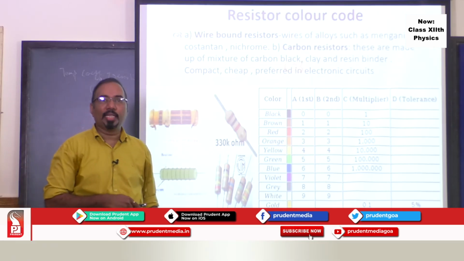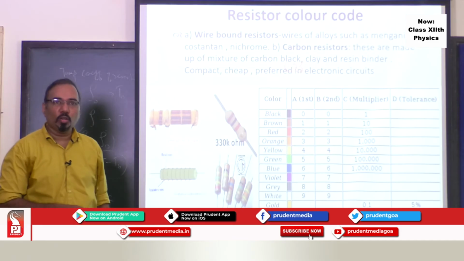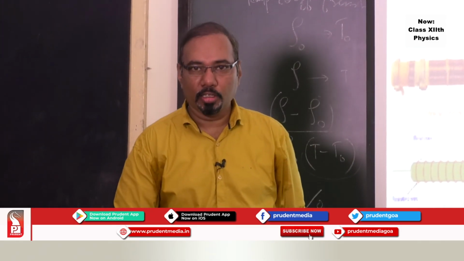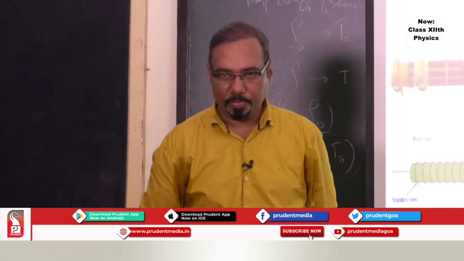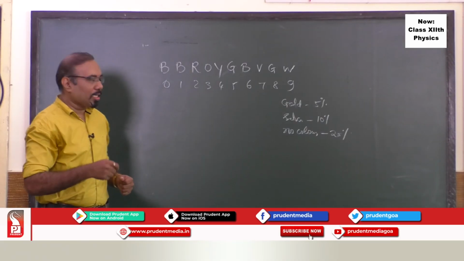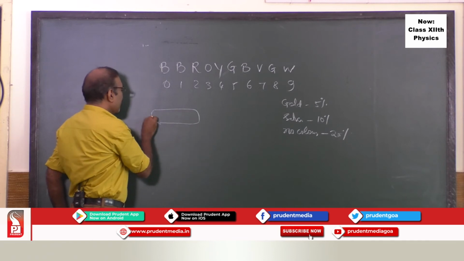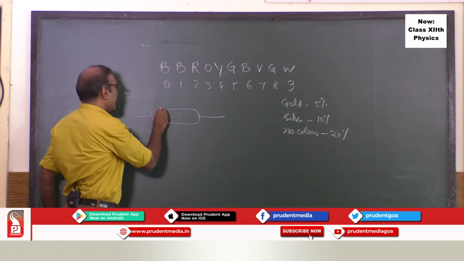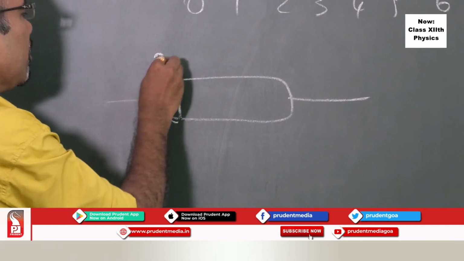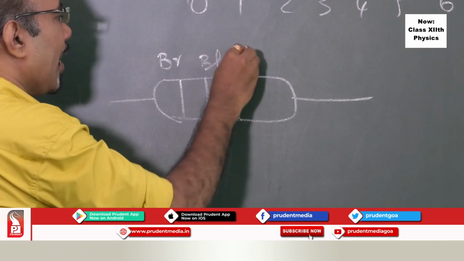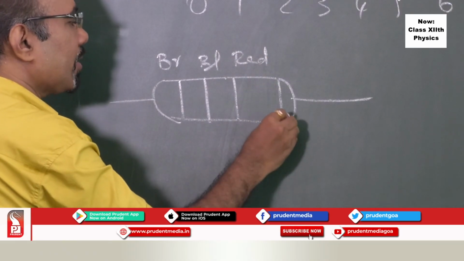Now just looking at this won't help. We'll actually find the value of the resistor by doing some calculation, so let's work out an example. Suppose we have a resistor with three bands: first brown, second black, third red, and the fourth color silver.